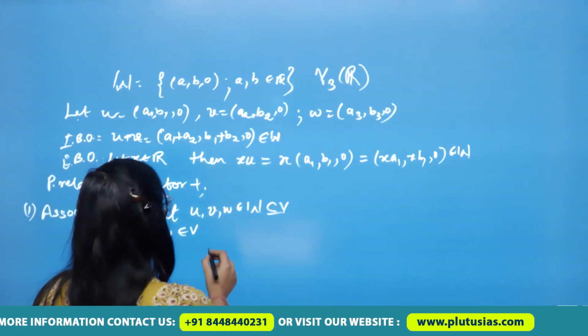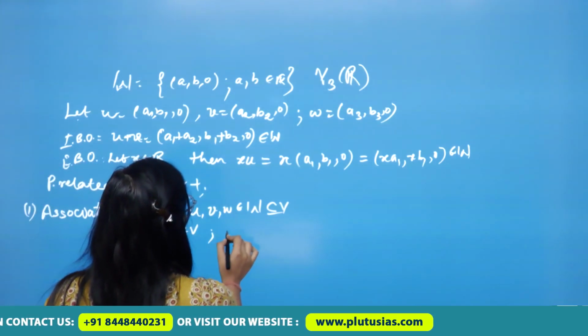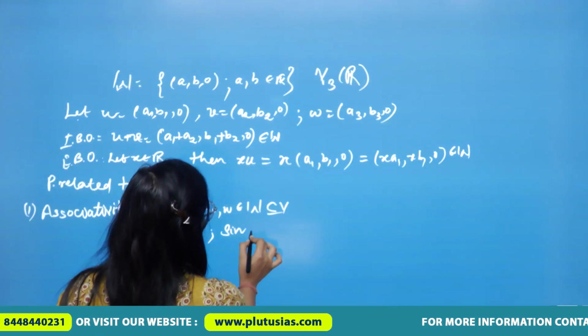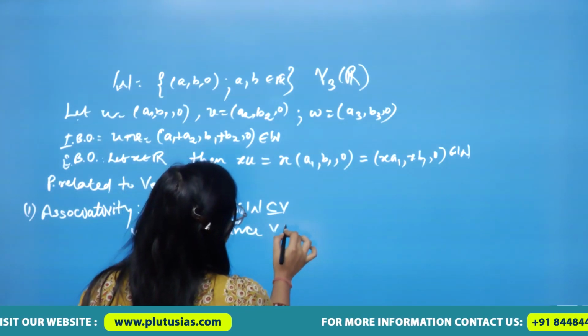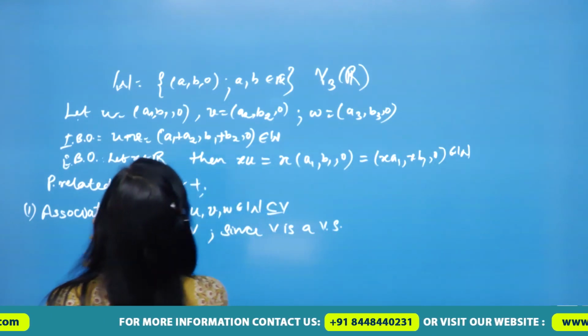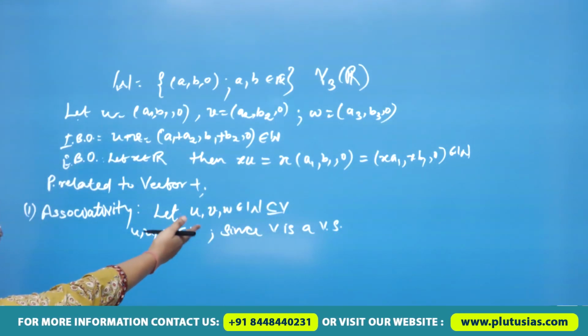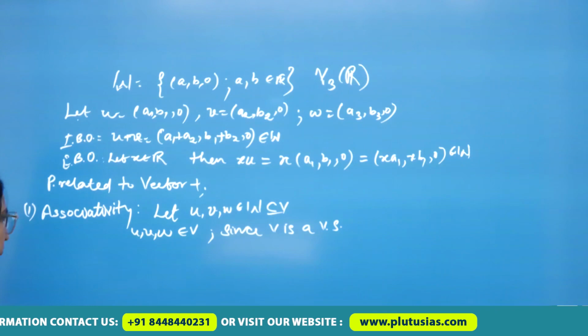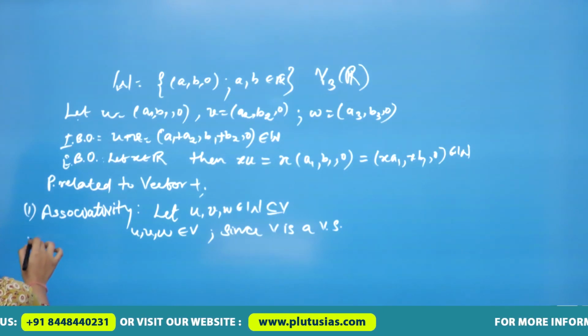Hence, since V is a vector space, associativity holds and hence in W also associativity holds. Second property, commutative.